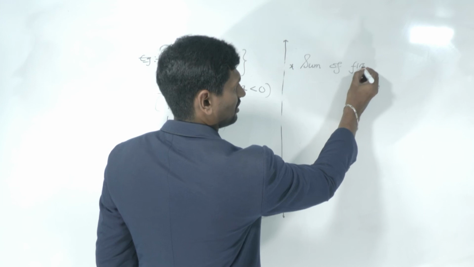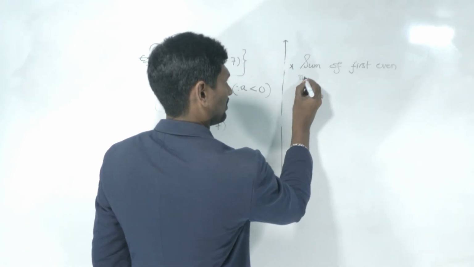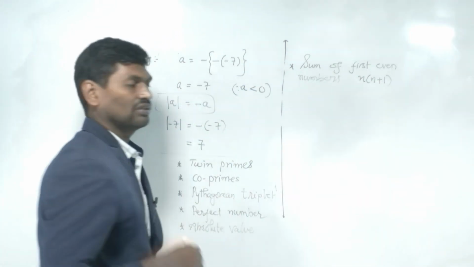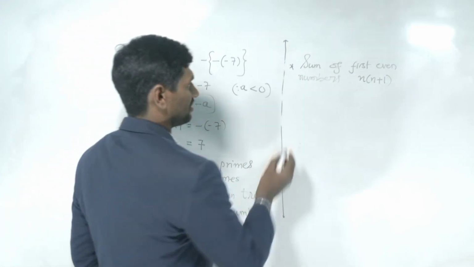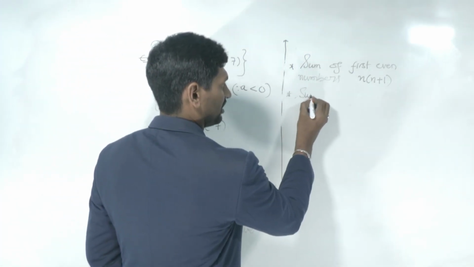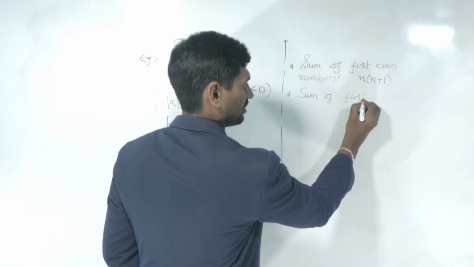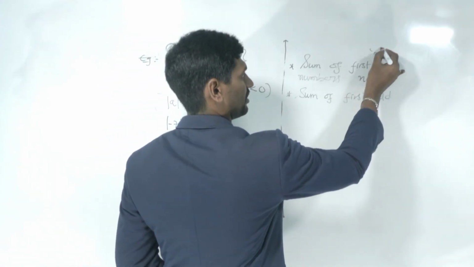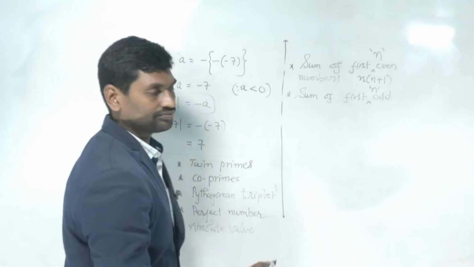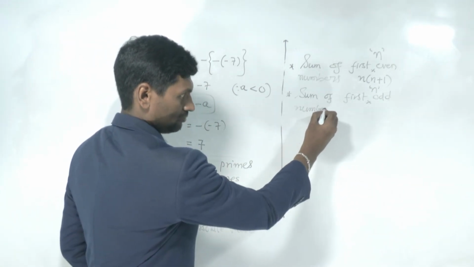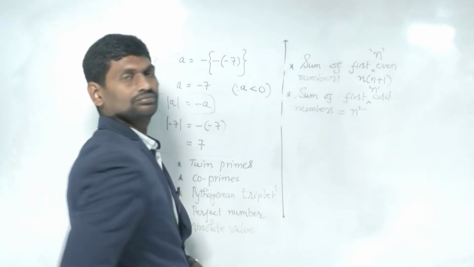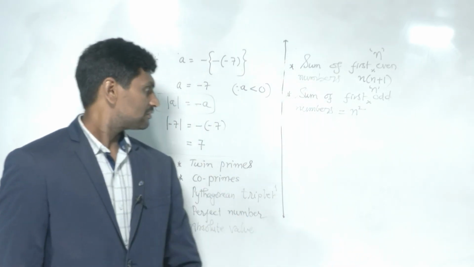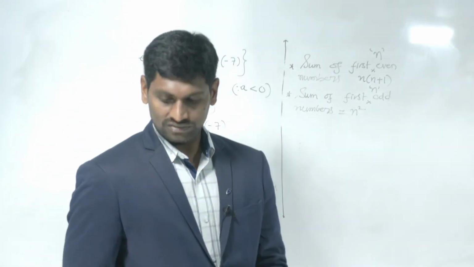The sum of first n even numbers is n into n plus 1. It is an important formula; n can be any natural number. Same way, the sum of first n odd numbers is n square. You have to remember these two also. Then we go through the exercise. Okay, children? Thank you one and all. Have a nice day.